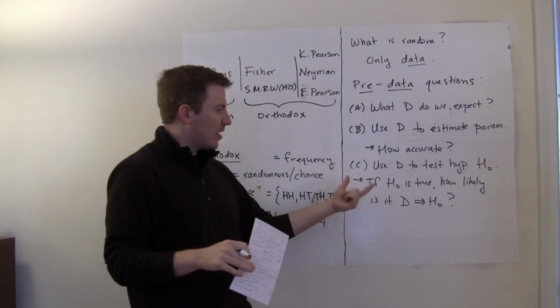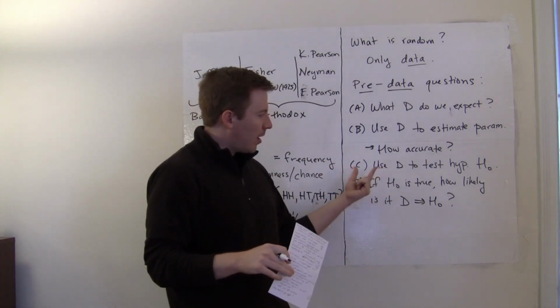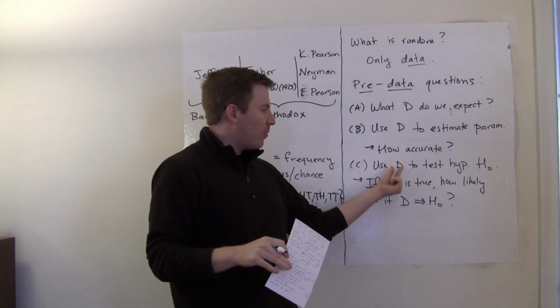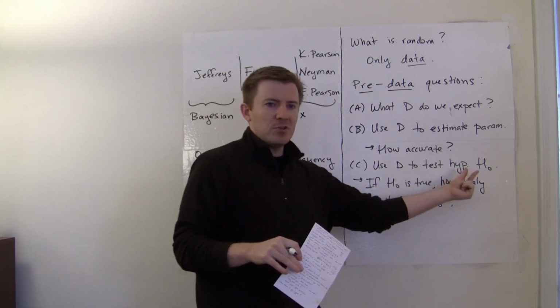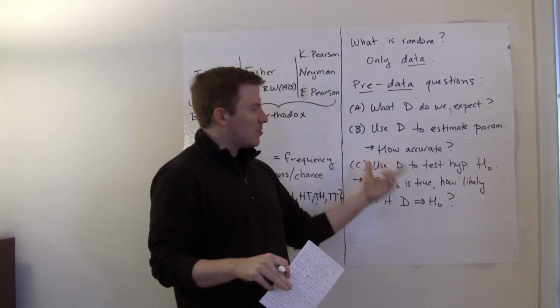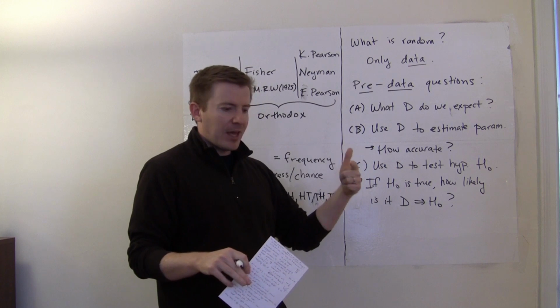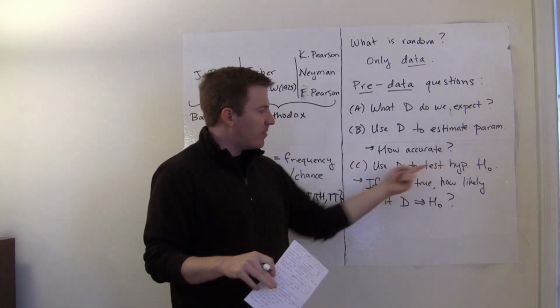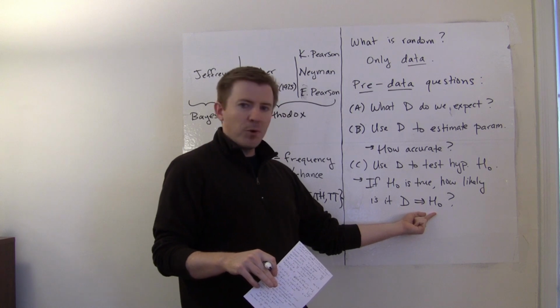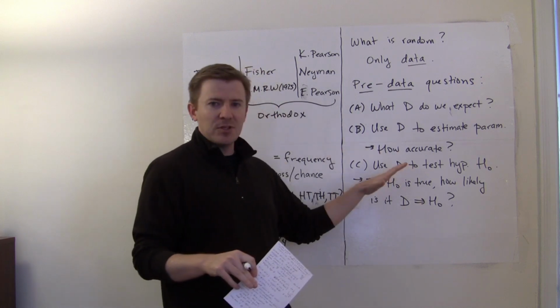Okay, so again, a pre-data question where we imagine some procedure by which we're going to take the data and use it to test a hypothesis and either accept it or reject it. And so the pre-data question would be, all right, do that over and over again. How often is it that we're likely to get that data that supports that hypothesis, assuming that it's actually true?